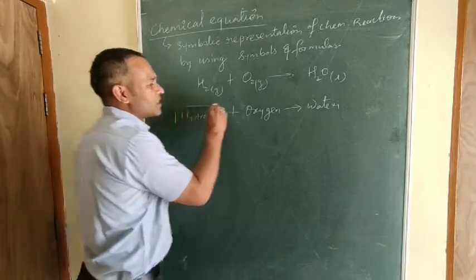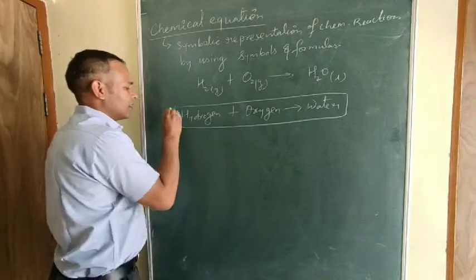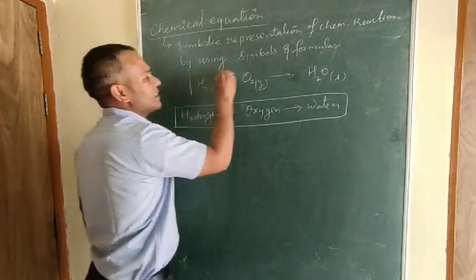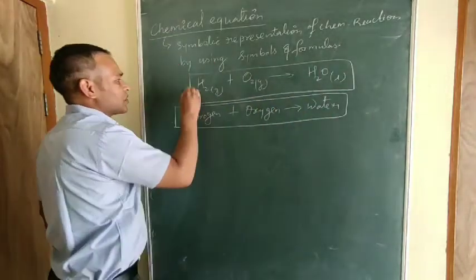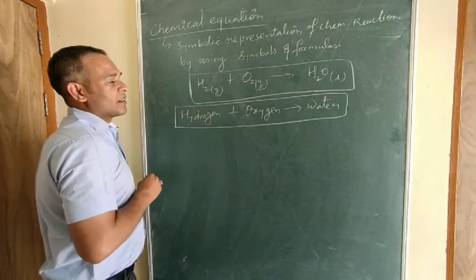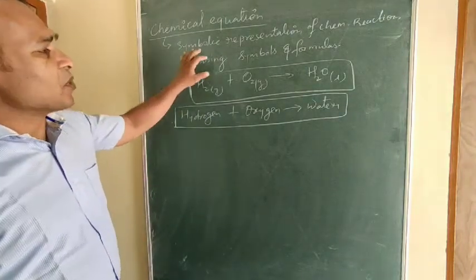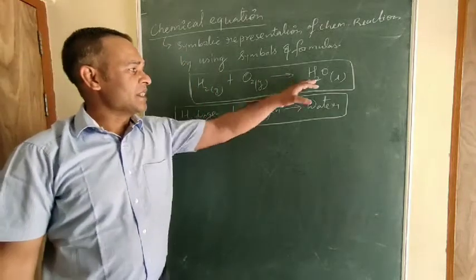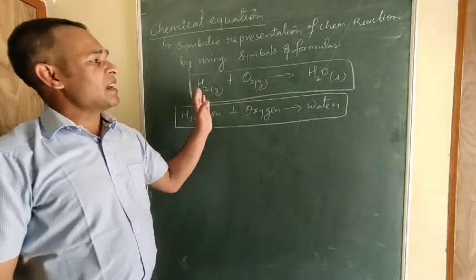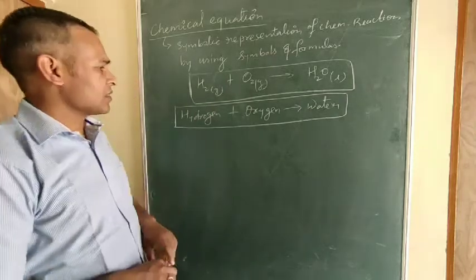This is a word equation, but this is a chemical equation. Clear? What is a chemical equation? A chemical equation is the symbolic representation of a chemical reaction by using their formulas and symbols.